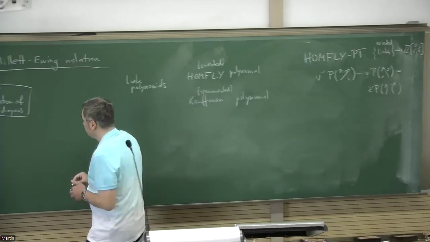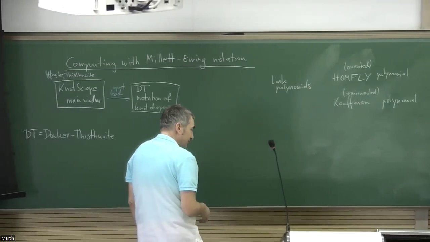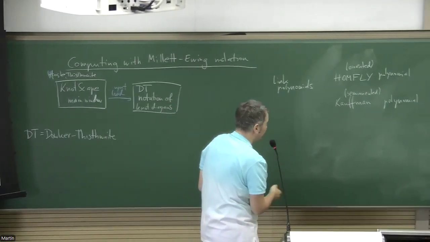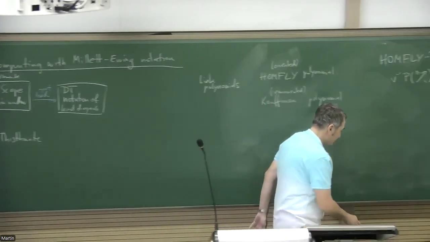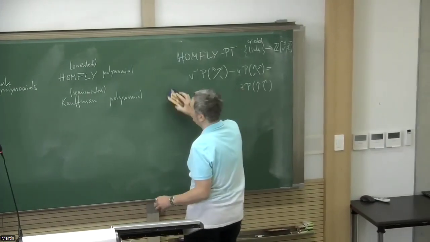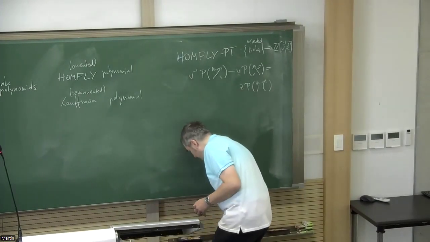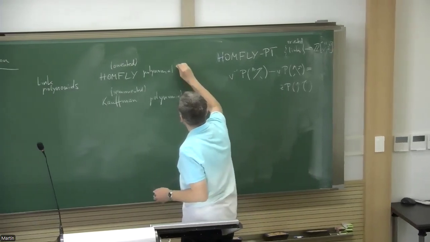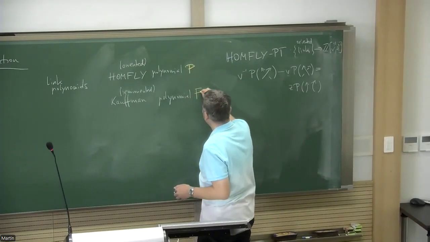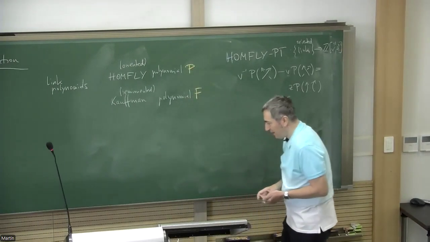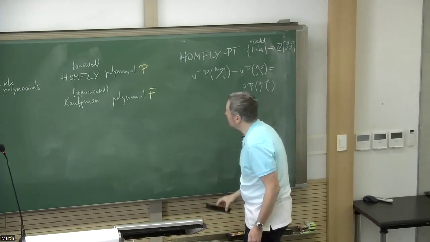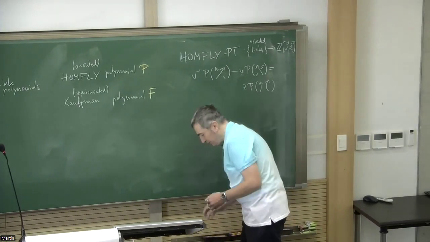The Homefly polynomial usually carries the letter P, and the Kauffman polynomial usually carries the letter F. This is how these polynomials are being used.